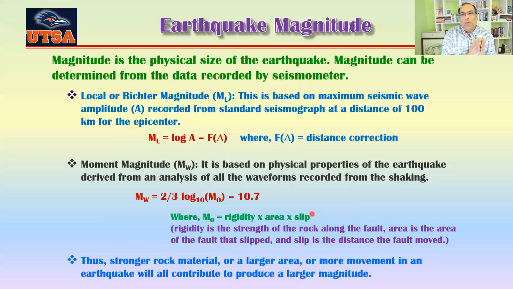But if you are talking about a massive area and the slip is very high, then the magnitude of the earthquake would be very, very high, okay? But remember these are all log scales here, okay? Even the Richter scale is a log scale. Now you can see a stronger rock material, a larger area or more movement in an earthquake will contribute to producing a large magnitude.